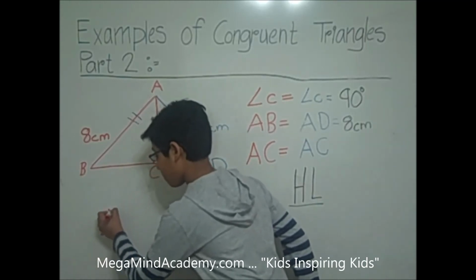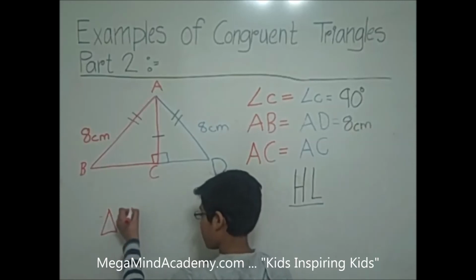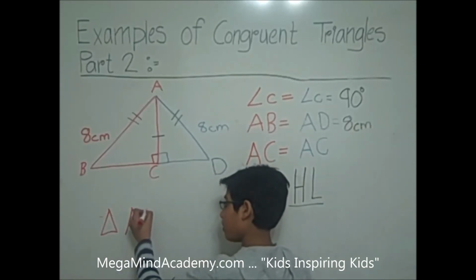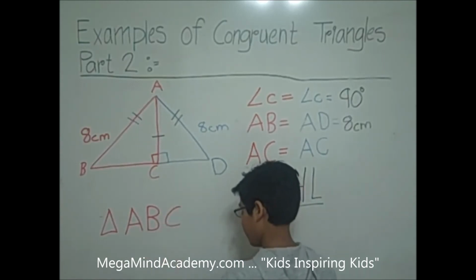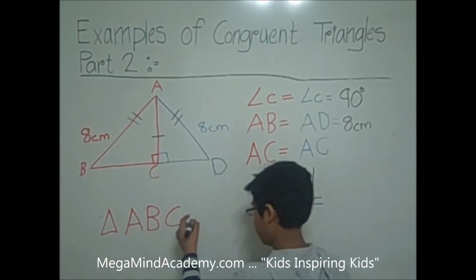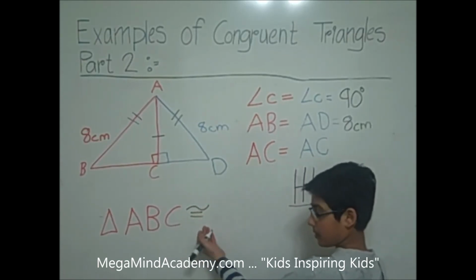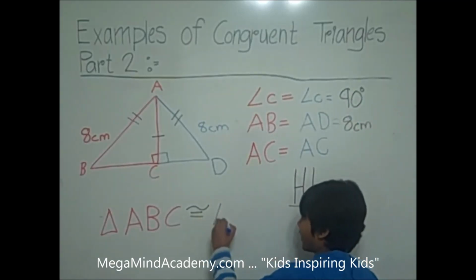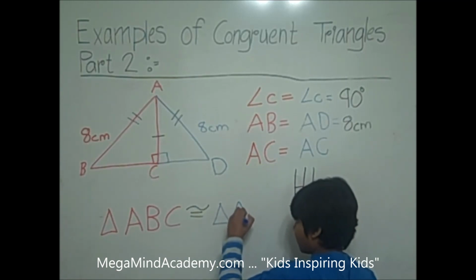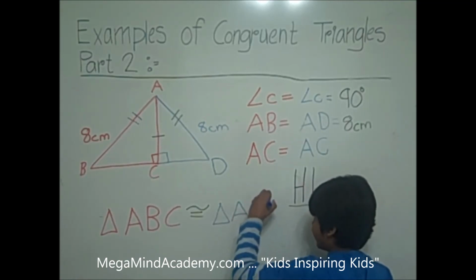Triangle ABC is congruent to, this is the sign for congruency, Triangle ADC.